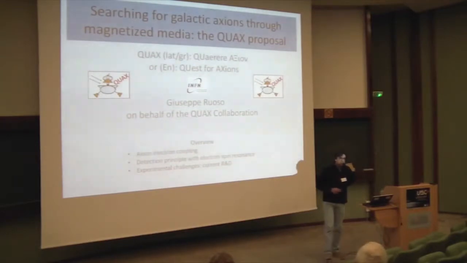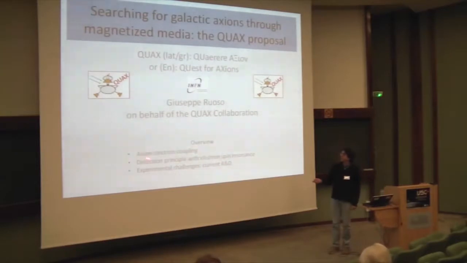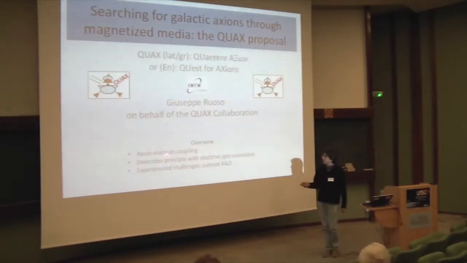That means that we wanted to do something different from ADMX or the other new experiments that are being proposed right now. The idea is that in our case we want to look for the axion exploiting its axion-electron coupling.